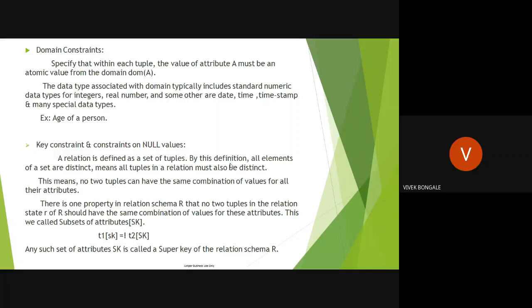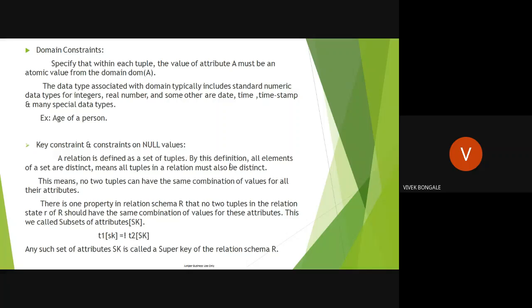The next is key constraint and constraints on null values. Key constraint is nothing but the constraint we apply like a primary key. Whatever values we give to the primary key should be a single value, meaning the value should be unique. The same value we cannot repeat for the same attribute if we made that attribute a primary key.